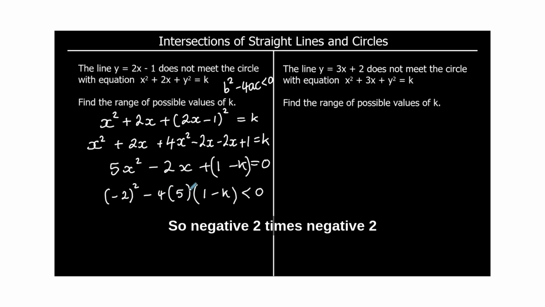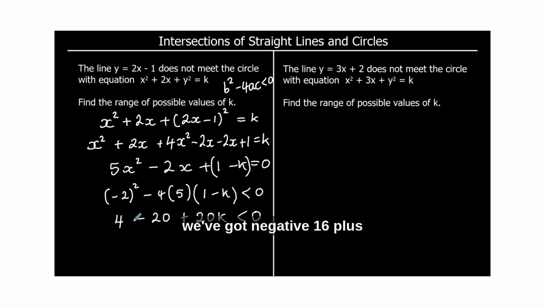So negative 2 times negative 2 is 4. Negative 4 times 5 is negative 20. So negative 20 times 1 is negative 20. Negative 20 times negative k is positive 20k.